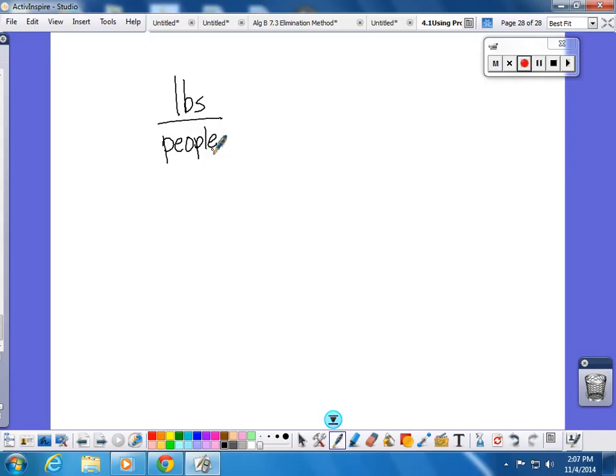Alright, so how many pounds of ground beef for 12 people? 3 pounds for 12 people. So the question is, how many for 50 people? We're not going to have to round this one.